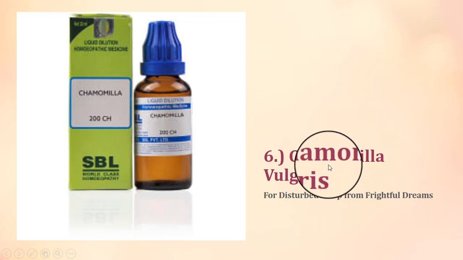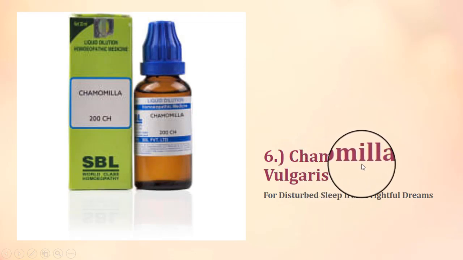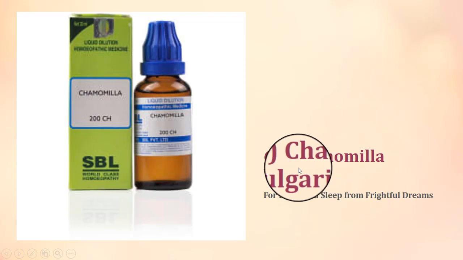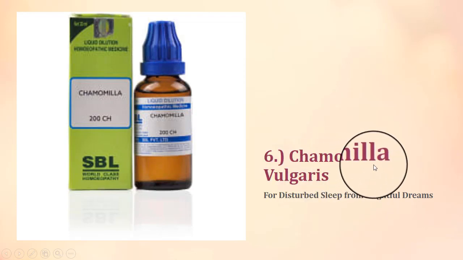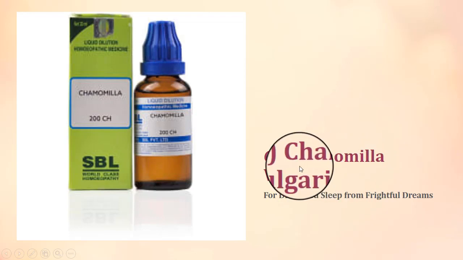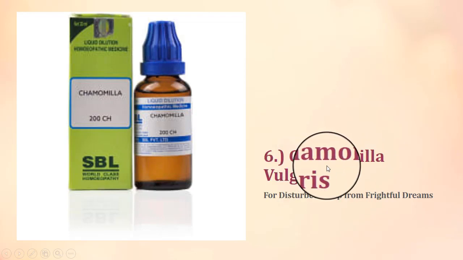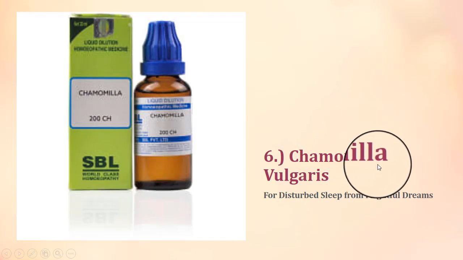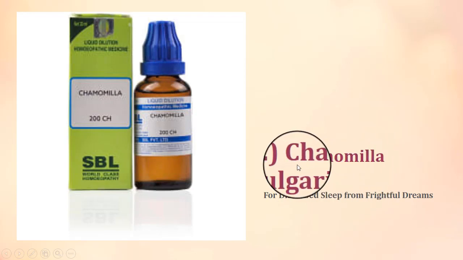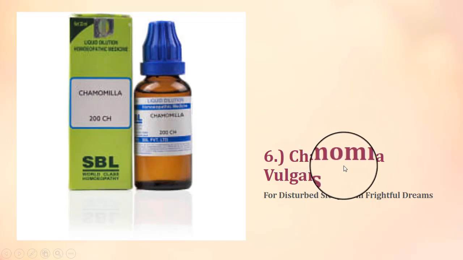It belongs to plant family Compositae. It is an important medicine for disturbed sleep resulting from frightful dreams. The person wakes suddenly with a start and is fearful. These episodes occur several times at night, resulting in disturbed sleep.